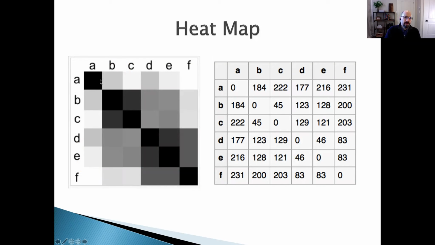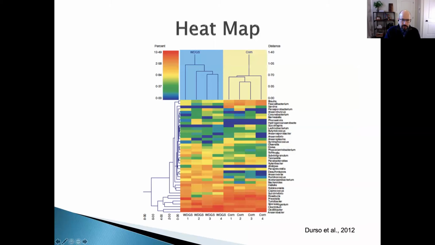If you call the shortest black, you call the longest white. Okay, so that's what you end up with: a heat map, and I'm going to give you some examples.